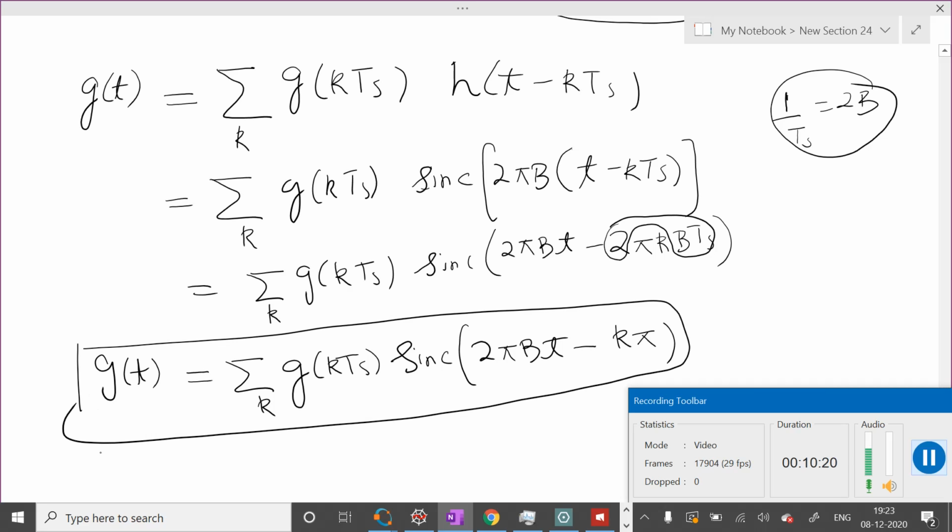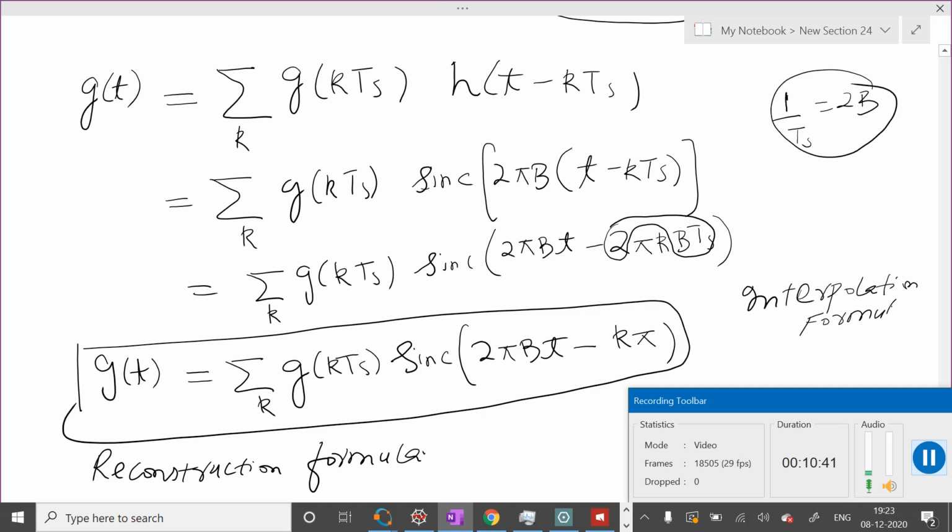So this is called a reconstruction formula. It shows in the time domain how we reconstruct. It is also called the interpolation formula, which demonstrates how this reconstruction takes place from samples.